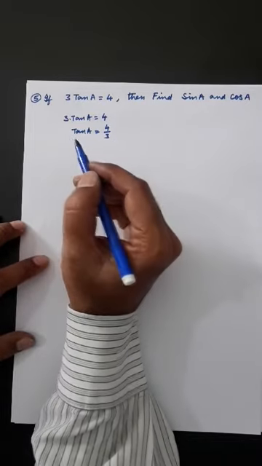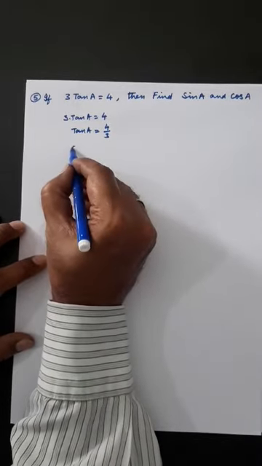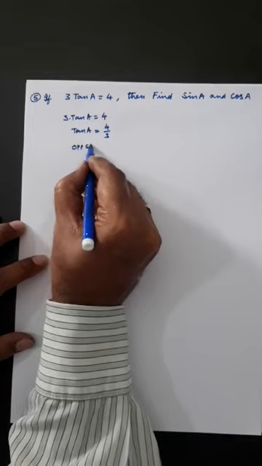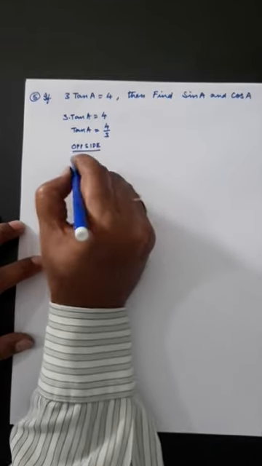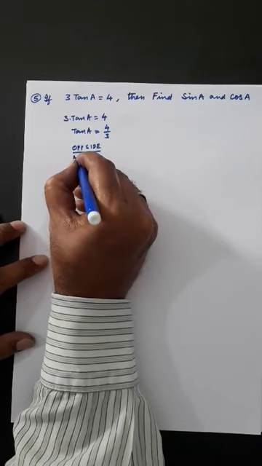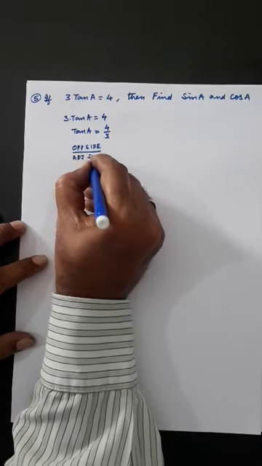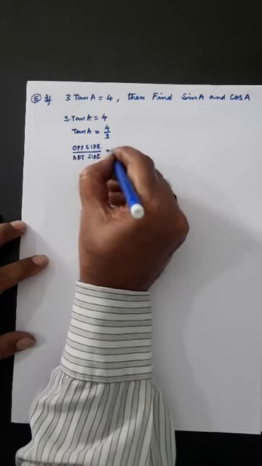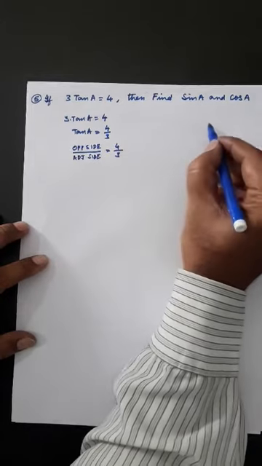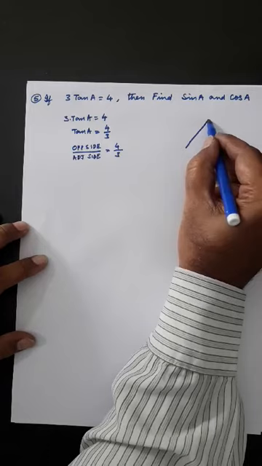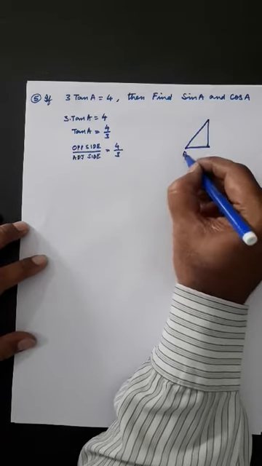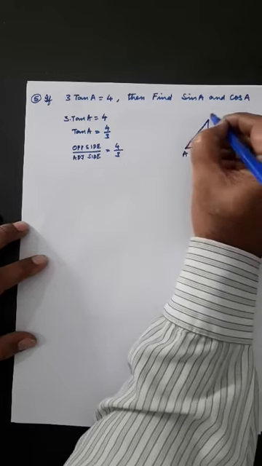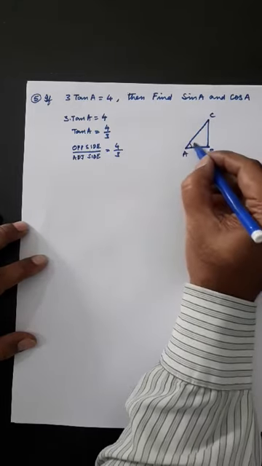So we know what is tan A? Opposite side divided by adjacent side, which is 4 by 3. So we'll draw the figure. A, B, C. This is it.